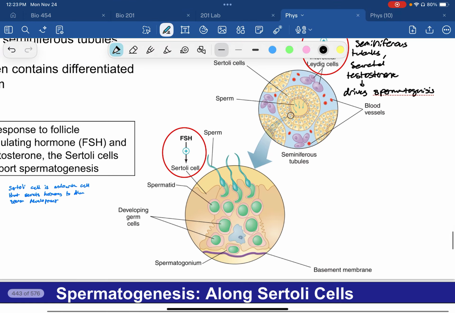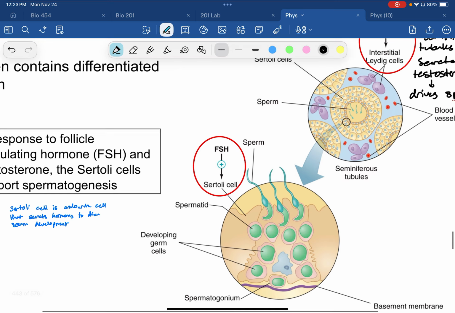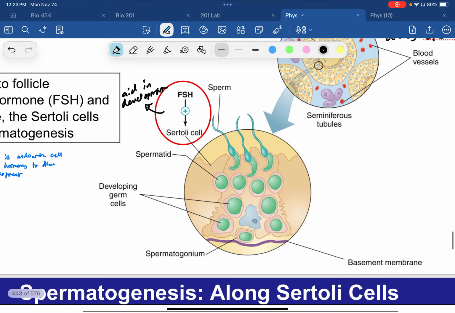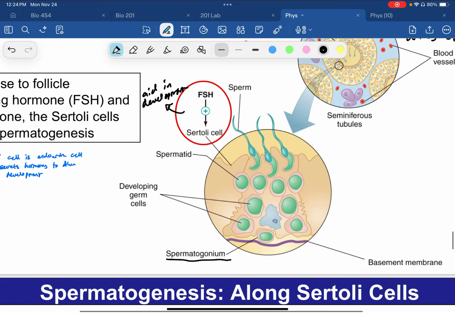As we move down here to our Sertoli cells, these aid in the development of the cells. I write down here that Sertoli cells are an endocrine cell that secrete hormones to drive sperm development. And we see down here that once they are these cells, the spermatogonium, they're triggered by Sertoli cells.